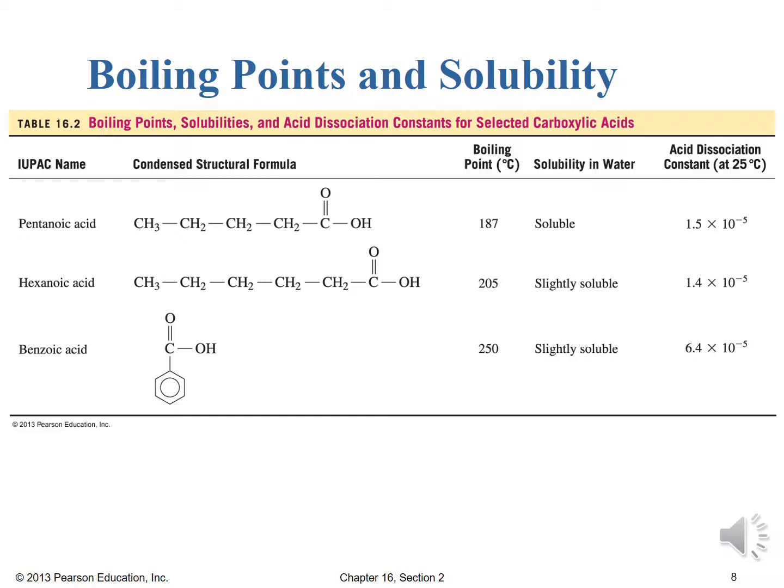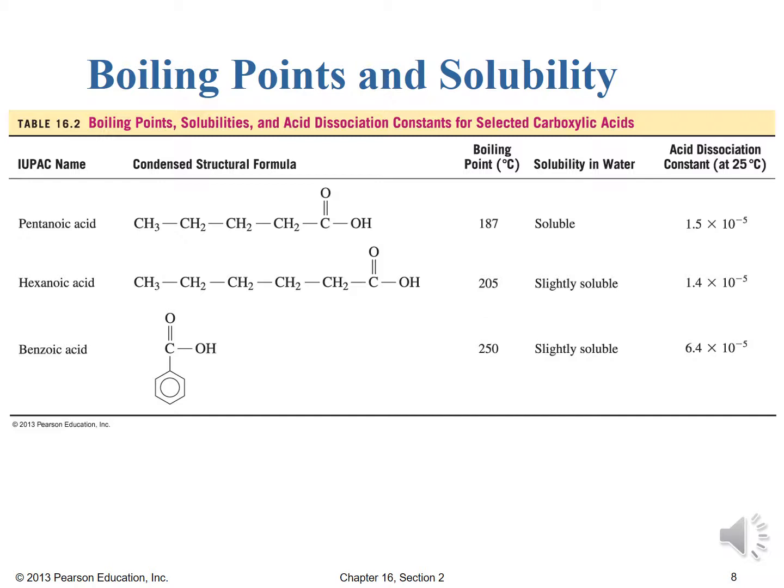And then finally, if we look at benzoic acid, which is, again, similar in molar mass to hexanoic acid, we see that it has a very high boiling point at 250 degrees Celsius, and it's only slightly soluble in water, but it has a higher acid dissociation constant because of that phenyl group, the benzene ring.